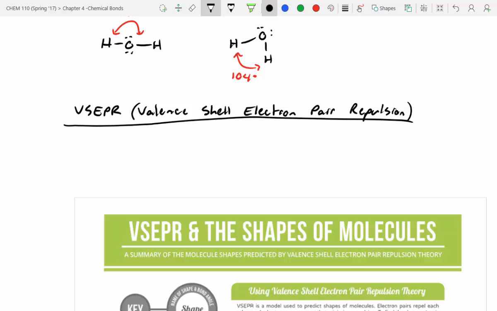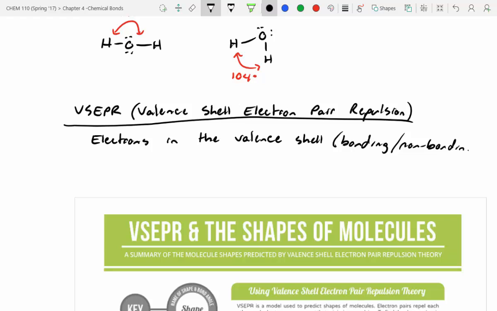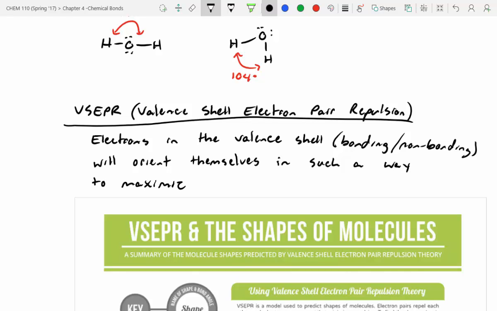And the quick and dirty part is that electrons in the valence shell, both bonding and non-bonding, will orient themselves in such a way to maximize their separation.